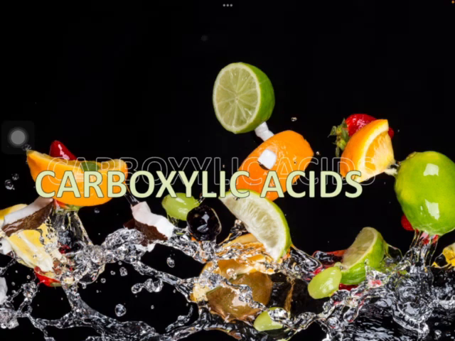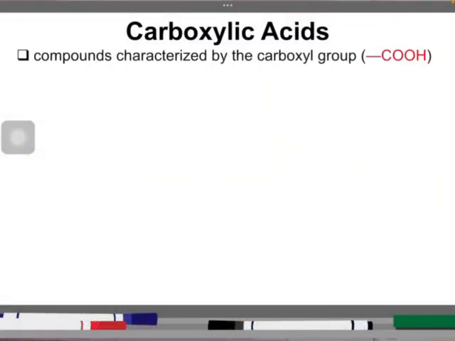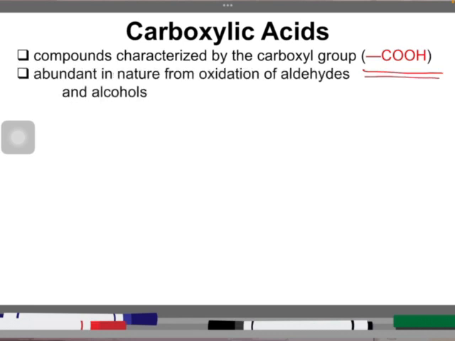Okay. So, let's give a definition or description of your carboxylic acids. So, these are compounds characterized by the carboxyl group. So, the carboxyl group there is the COOH. Okay? So, they are abundant in nature from the oxidation of aldehydes and alcohol. So, napag-usapan na natin yung aldehydes kanina, di ba?